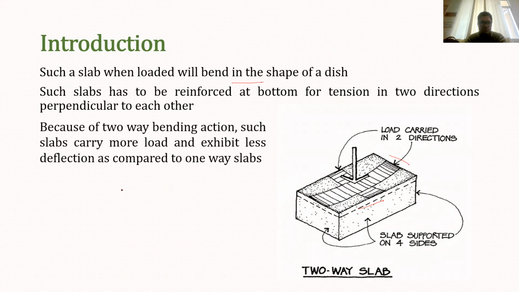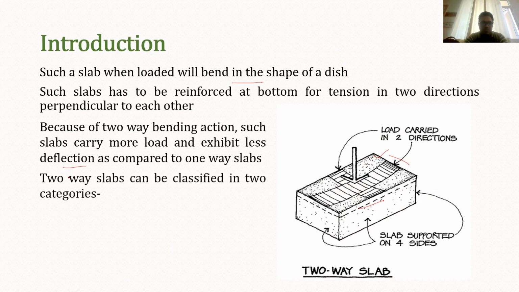And because of this two-way bending action, because we are utilizing both spans, the load carrying capacity of the two-way slab is comparatively higher, and also the deflection in the slab will be less as compared to the one-way slab because bending is utilized along both the spans in this case.